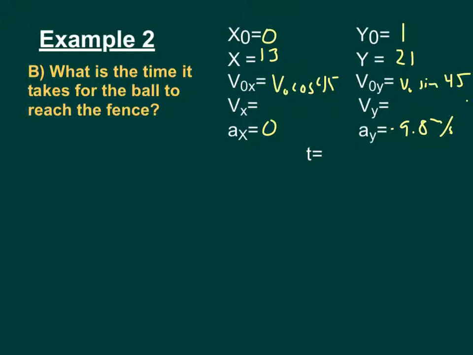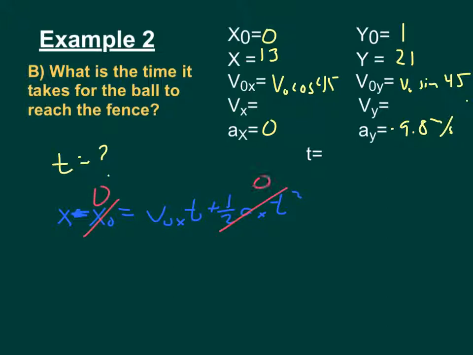So we're on the home stretch now, and we just need to solve for time. And we can use any equation we want. So I am personally going to use the x equations because they look a little easier to me: x minus initial x equals v naught x t plus 1 over 2 a x t squared. Plugging in our zeros, we know that that's 0. We know acceleration in the x direction is 0.